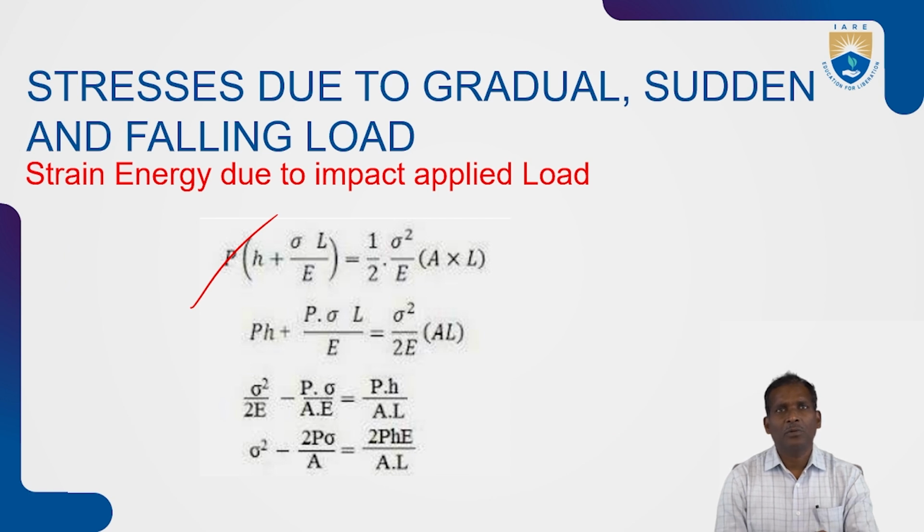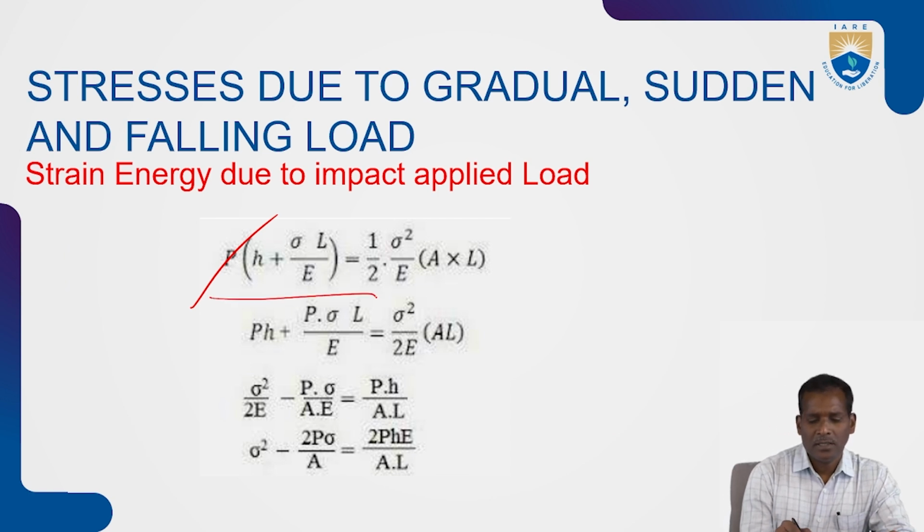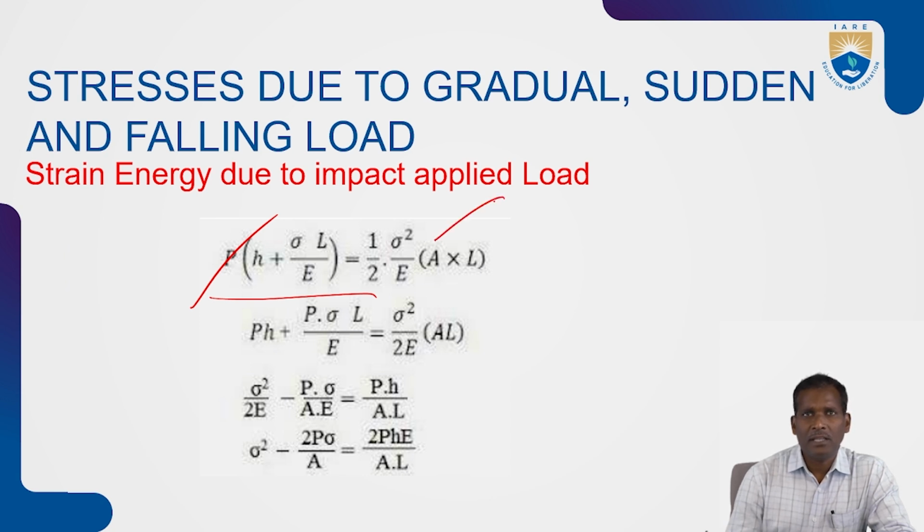So that is P into H plus X is equal to sigma square by 2E into AL.